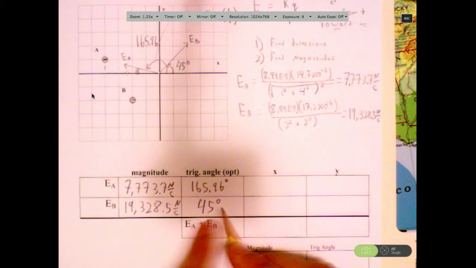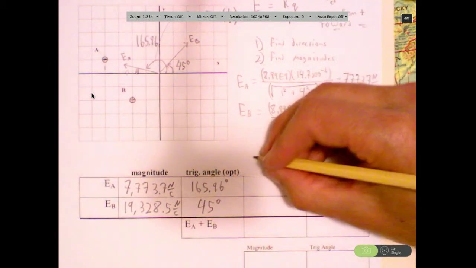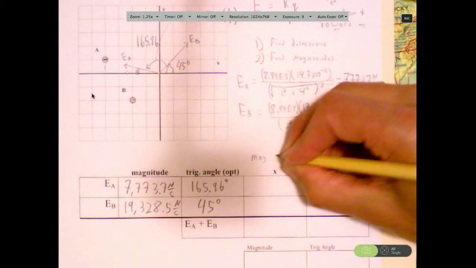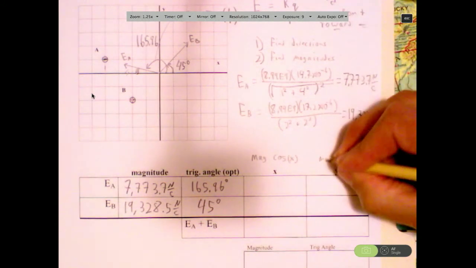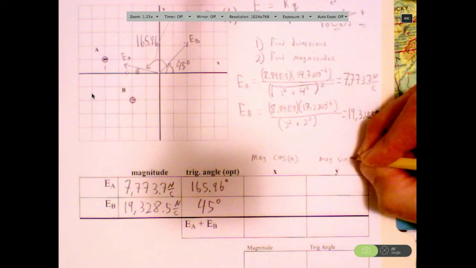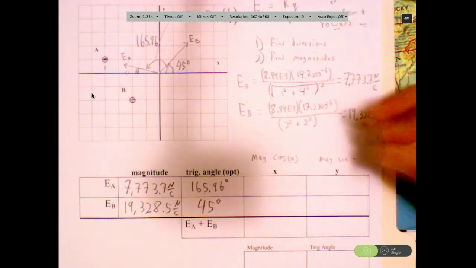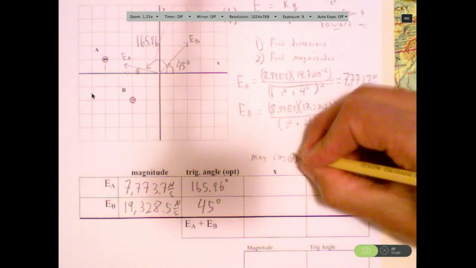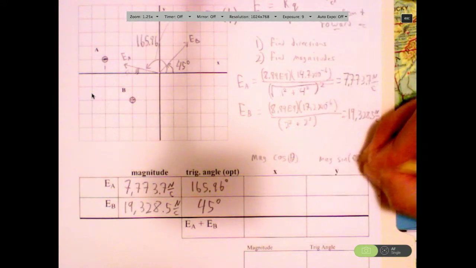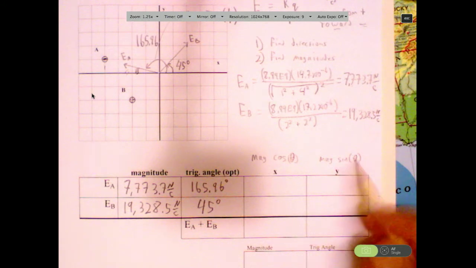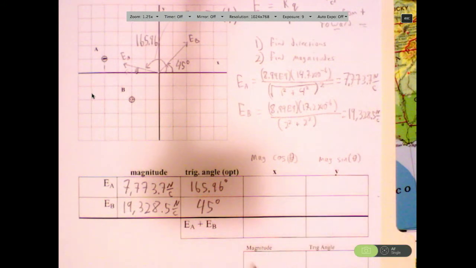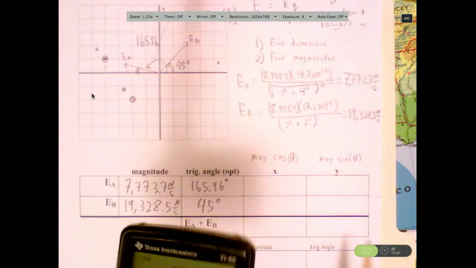Once you have the trig angle, this is simply mag cos theta if you are in degrees, and this will be mag sine theta. Sine gives you y, and x is from cosine, right? So now let's figure this out.